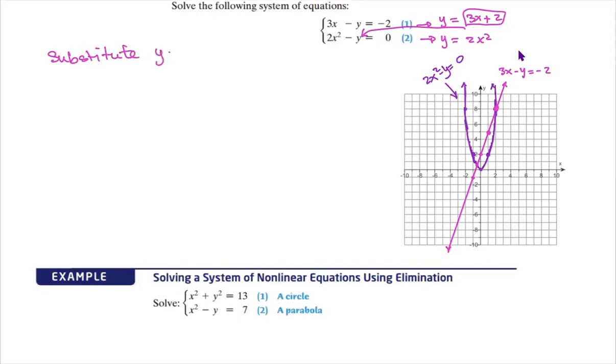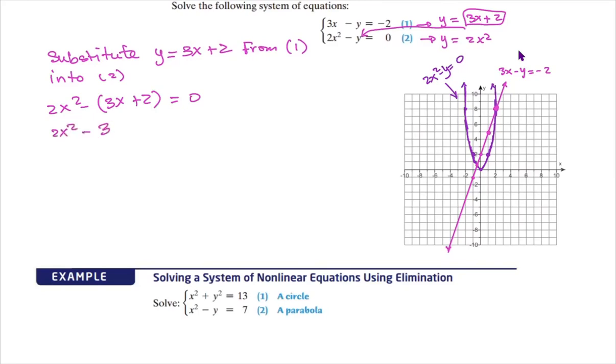So we're going to substitute the y equals 3x plus 2 that we got from equation 1 into equation number 2. So that's going to be 2x squared minus the value of y, that is 3x plus 2, equals 0. So that is 2x squared minus 3x minus 2 equals 0.